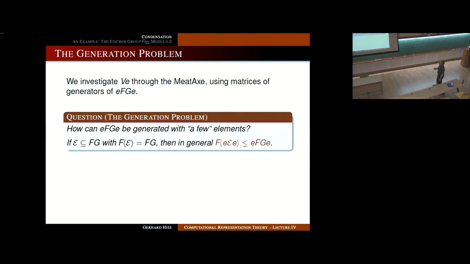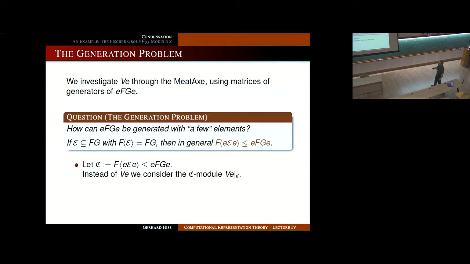In general, it is not the case that if you take a generating set for the algebra and you condense the generators, you will get a generating set for the condensed algebra. This is bad luck. This is one of the problems we face.